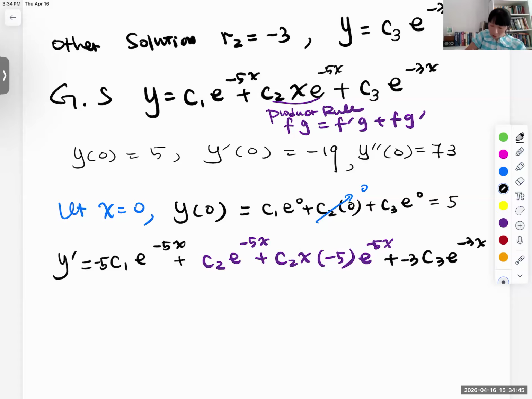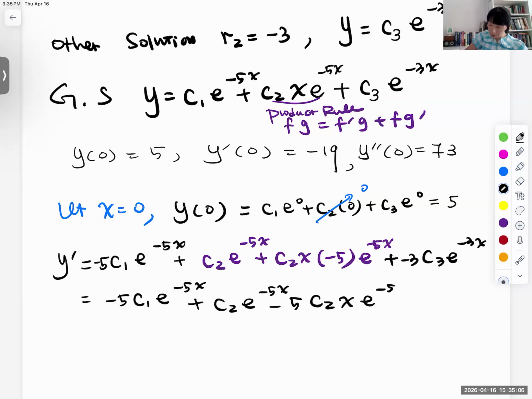Okay, so let's arrange: negative 5 c sub 1 e to the negative 5x plus c sub 2 e to the negative 5x and negative 5 c sub 2 x e to the negative 5x, negative 3 c sub 3 e to the negative 3x. That's y prime. Okay, I hope I don't make a mistake.